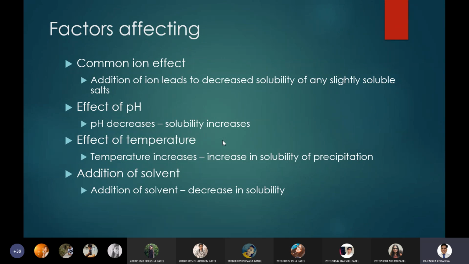So by adding HCl, there is precipitation of NaCl.